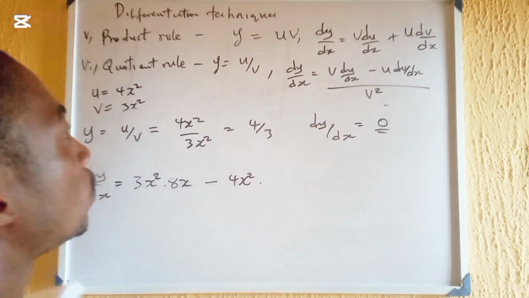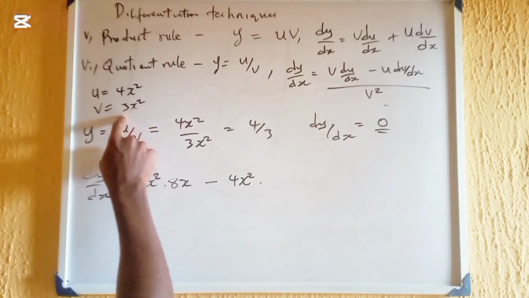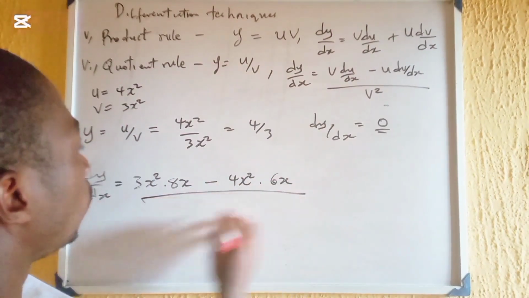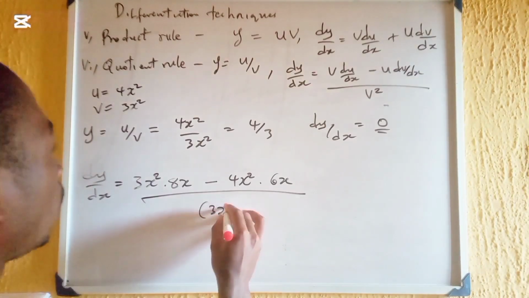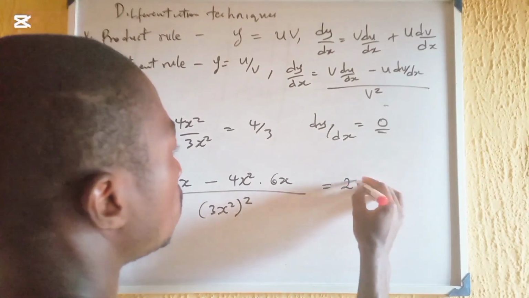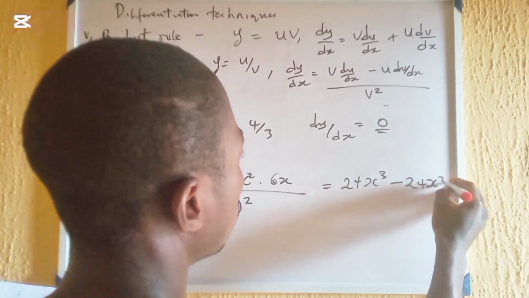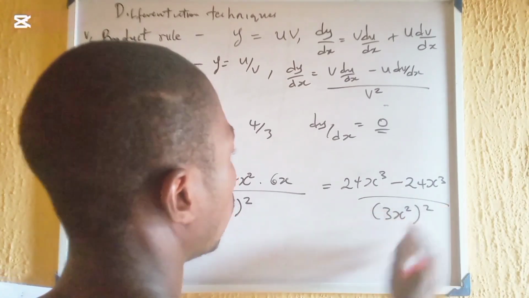Then into dv/dx, differentiate v with respect to x, you have 2 times 3, that will give you 6x, over v squared. What was our v? 3x squared. Then we square. This gives us 24x cubed minus 24x cubed over 3x squared to the power 2.